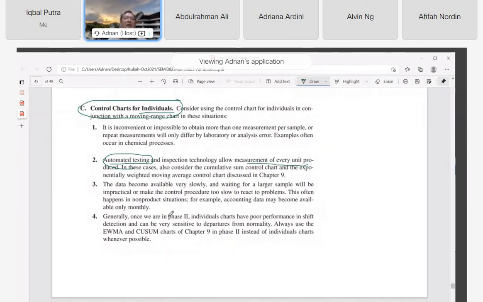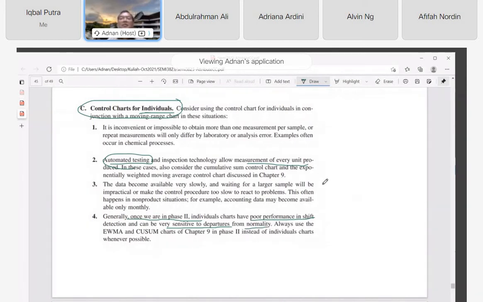Generally, once we are in phase 2, individual charts have poor performance in detecting shifts and are very sensitive to the normality assumption.